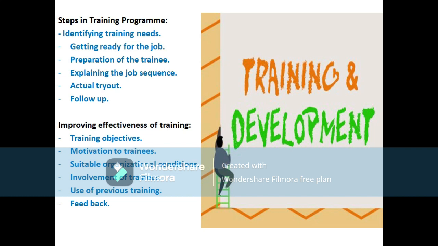Next, getting ready for the job. After identifying the training needs, the next step will be to decide about the trainees, trainers, and the techniques of training. All should be analyzed. The persons to be imparted training should be spotted.